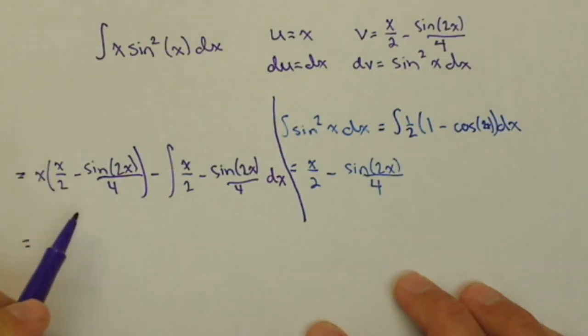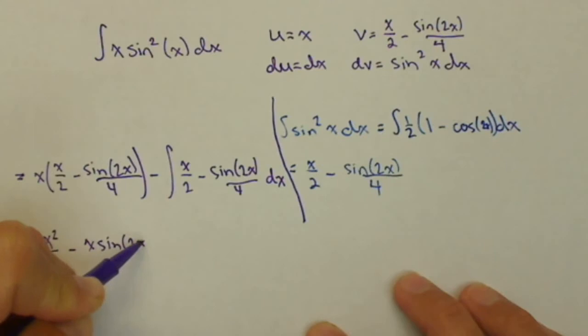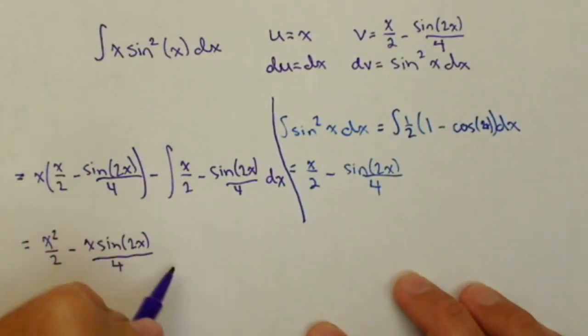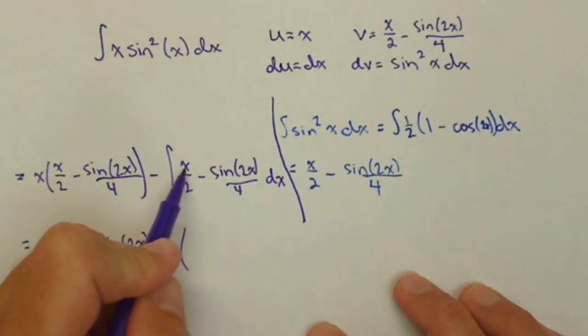Now my first part, I'm going to distribute that x, so I have x squared over 2 minus x sine of 2x over 4. And now we're going to do our antiderivative here, so minus, this is just piece by piece.